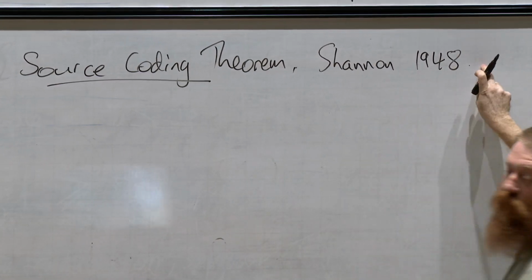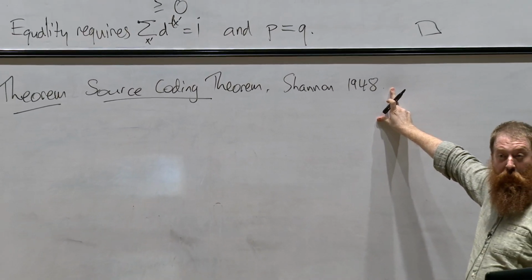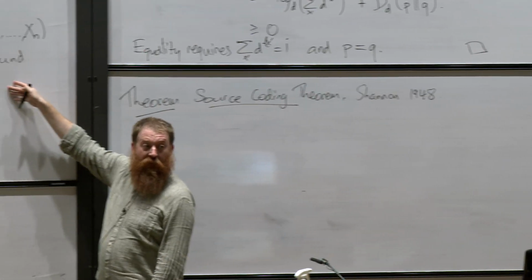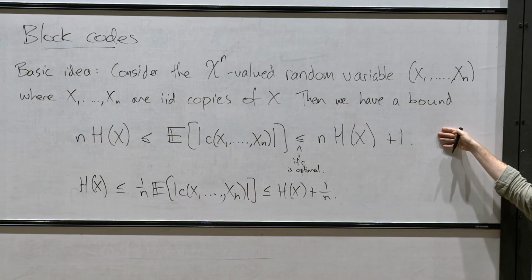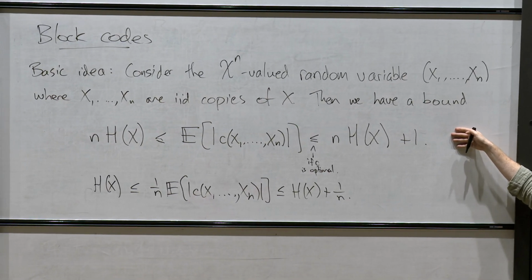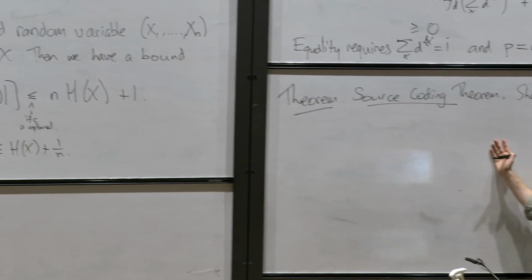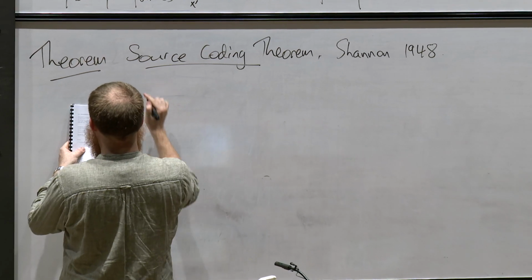So if you're watching carefully, you'll notice this comes before we knew the Kraft-McMillan inequality. So the proof of this that we've given depends on the statement of the Kraft-McMillan inequality that we gave last time, and going through this way is a more logical way of getting it. Shannon proved this earlier.